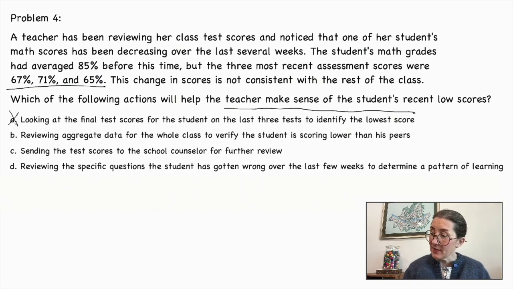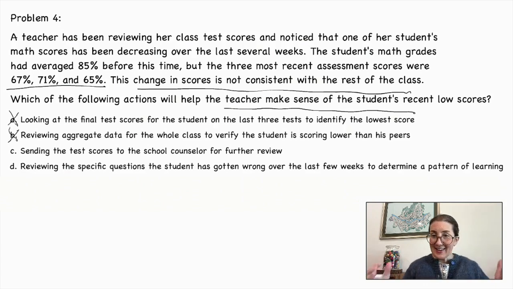Again, the teacher has done that. It's not consistent with the rest of the class. Plus, again, that doesn't help solve this individual student's problem. C, sending the test scores to the school counselor for further review. It's up to the math teacher to find out where the student is having problems in math, not the school counselor, so we can eliminate that.